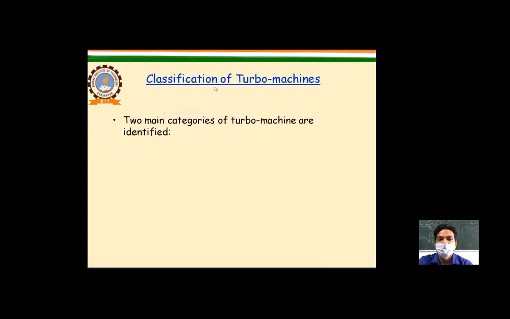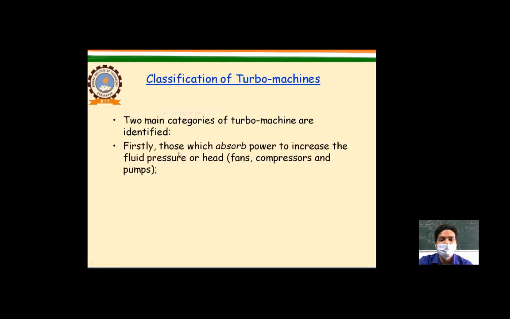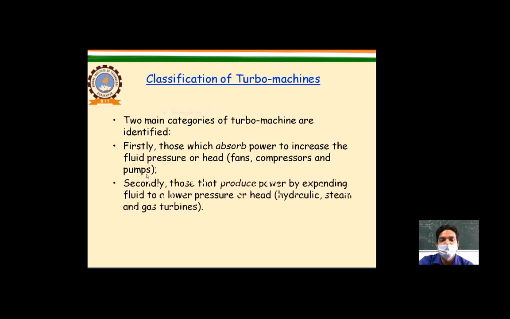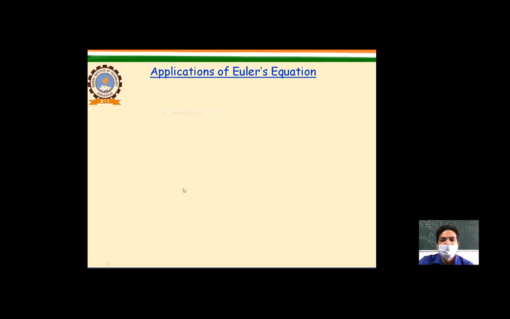Now, if we classify turbo machines, there are two main categories which are identified. Firstly, those which absorb power to increase pressure or head. Examples: fans, compressors, and pumps, already discussed too. And secondly, the power producing devices. Now, the application of Euler's equation.